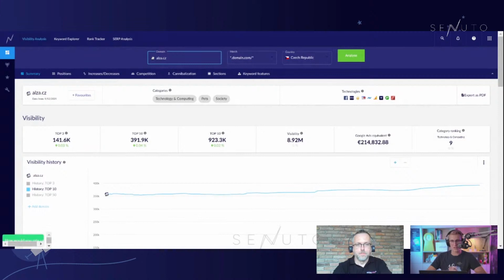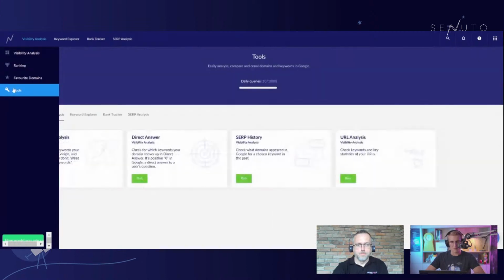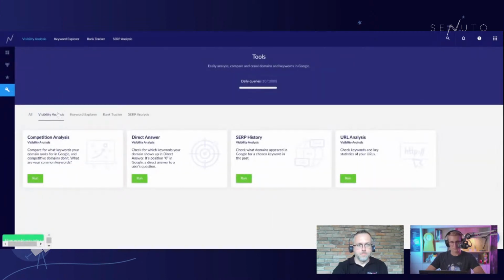You can also check this in Senuto, and please remember this. Here we see that Alza has 3 categories: technology, pets, and society. And regarding our ranking, we can check it very simply.